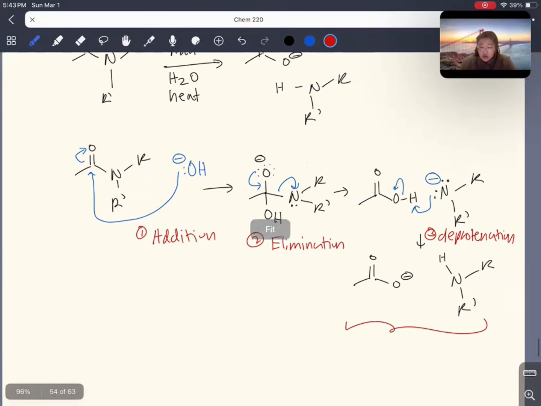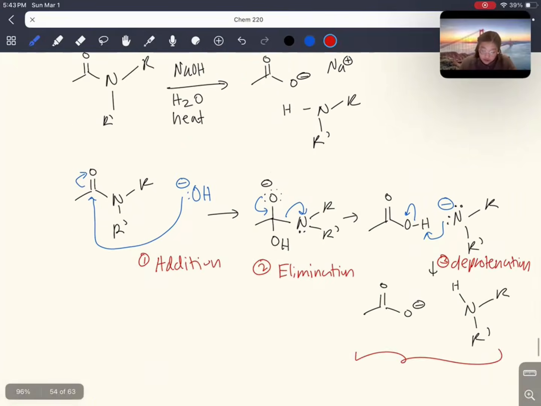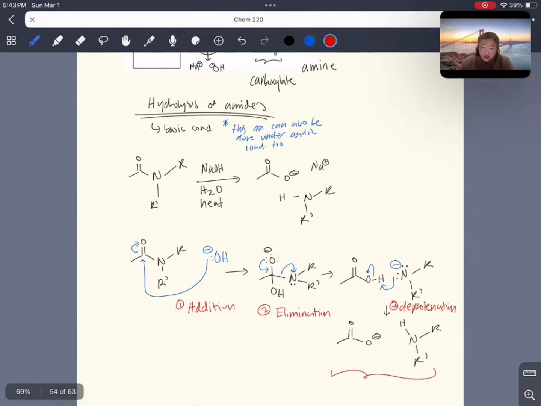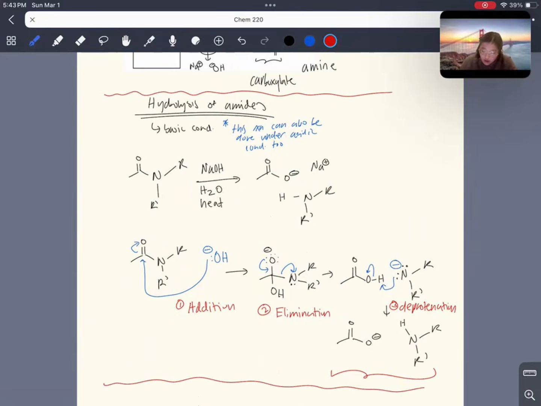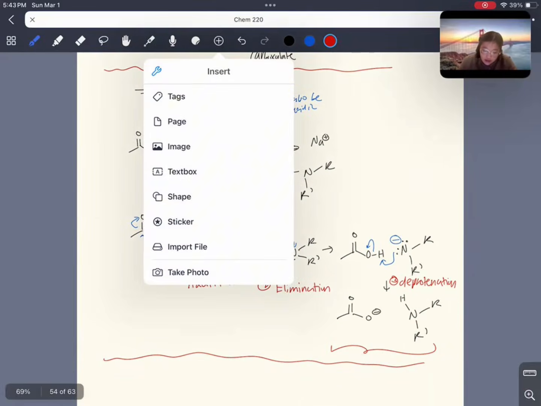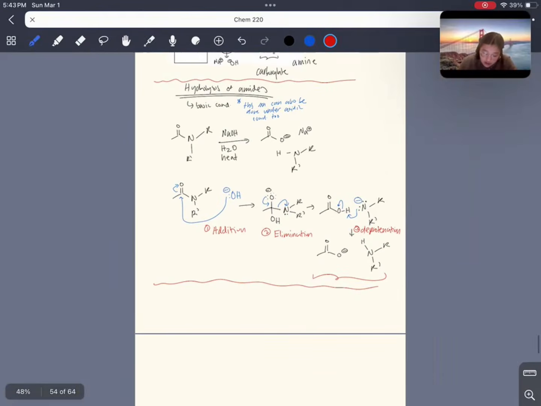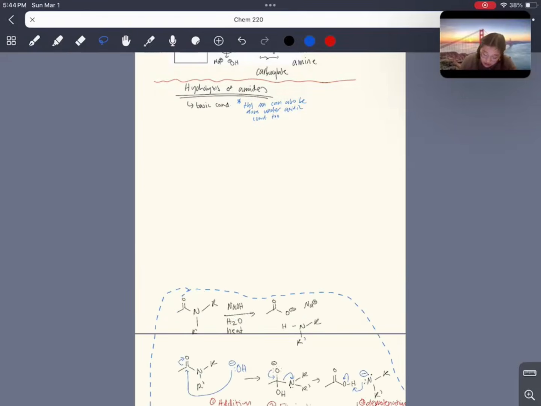So the next step: now that you understand the generic mechanism for how the hydrolysis of amides works, now the question will be how do you work backwards, right? And so I'm going to shift this downward so that I can make room to draw out the mechanism in the problem.